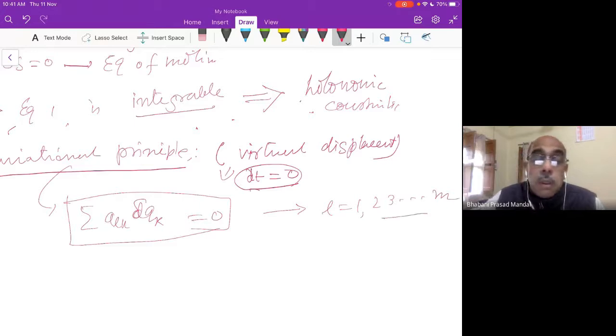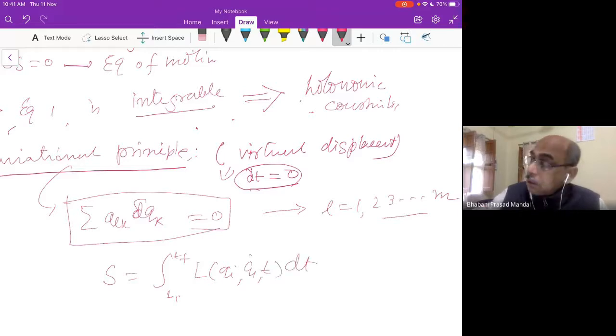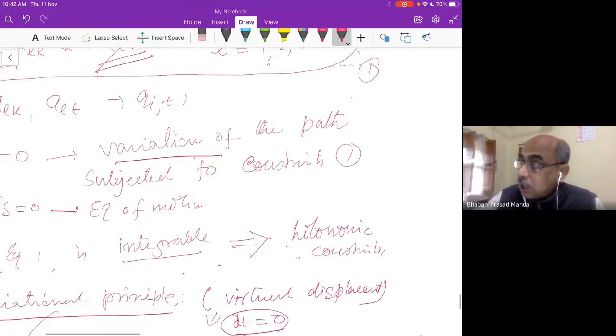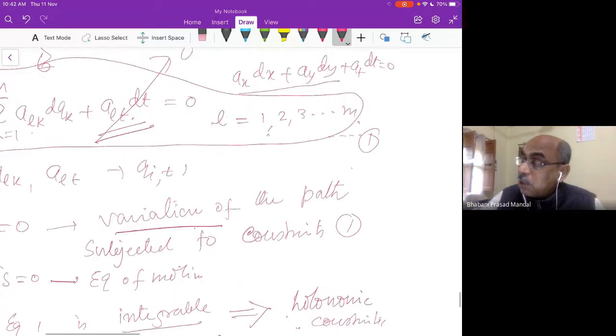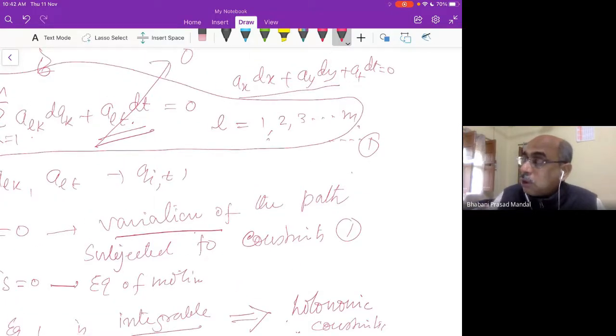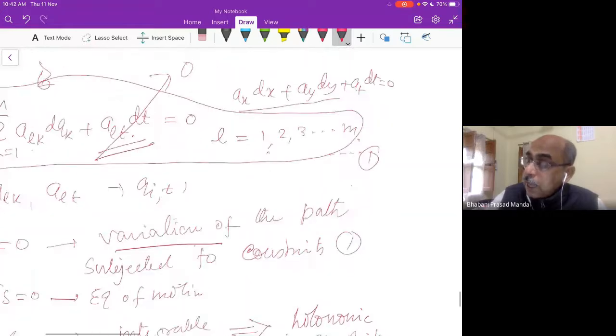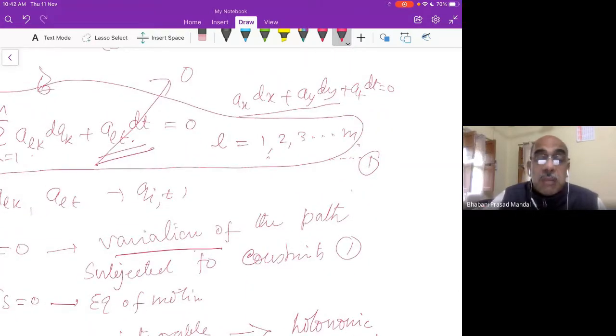Then we'll consider S equal to the integral from t initial to t final of L(q_i, q_i dot, t) dt, now subjected not to equation 1 but to equation 2, because I bring in the virtual displacement, and virtual displacement means this instantaneous displacement, delta t equal to 0. So delta q when delta t equal to 0, mathematically you can call it virtual displacement.